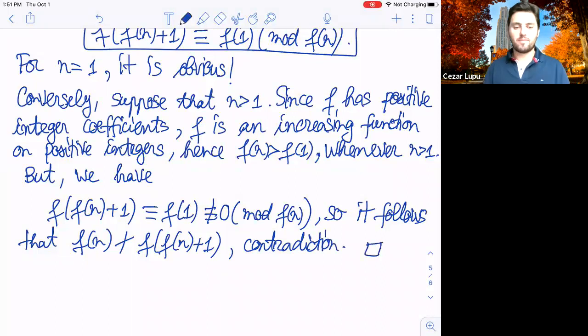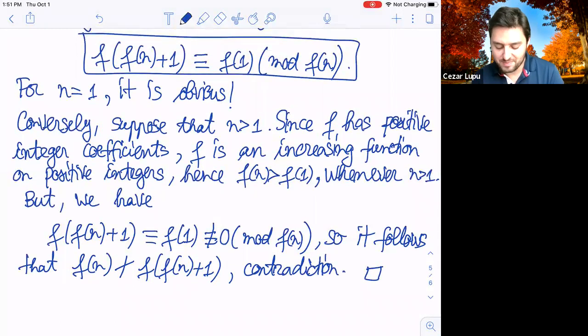And that's very nice, right? You see, we have used the fact that f of 1 is not 0 mod f of n. But we know that this actually happens, so we get a contradiction, and that's it.